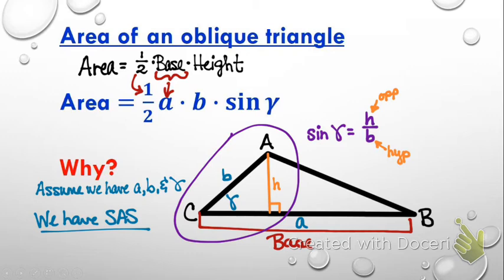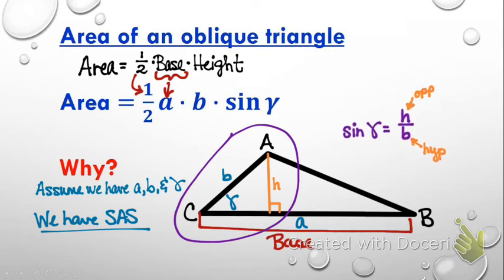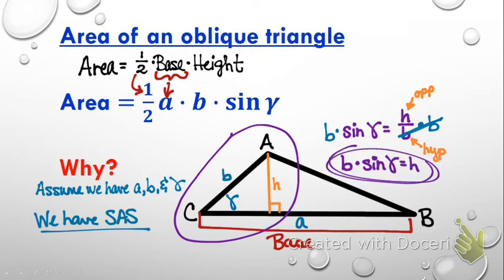How do I isolate that for the height? Times B on both sides. So the height is equal to B times the sine of gamma. This right here is my height.